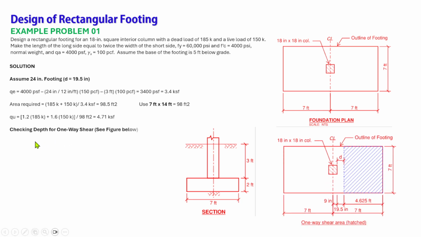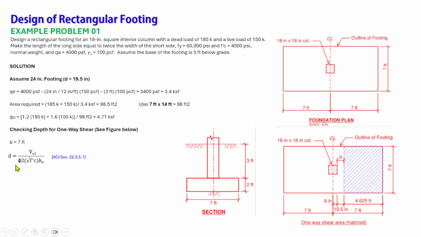So the next one is to check the depth of the footing for one-way shear. That is here. This is the plan of the footing. So we have the width of 7 feet and we have the 4.625. So this is the shear force of the one-way shear.